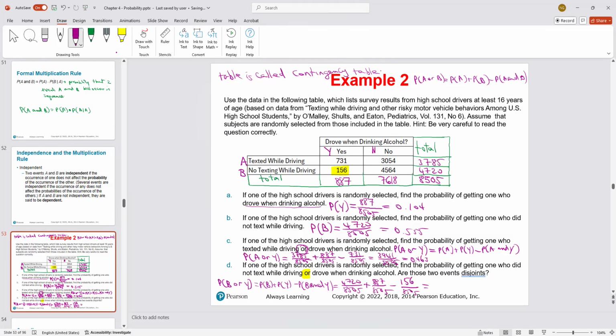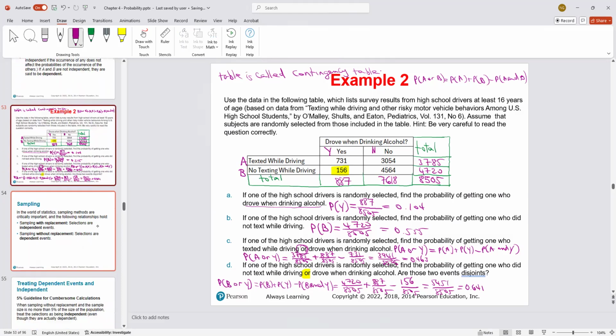When you simplify, remember, same denominator, you add and subtract the numerators, you'll find 5451 over 8505, and expressed in decimal is 0.641. Again, they are not disjoint. The reason they are not disjoint is because you have the parts of probability of A and B. That's very, very important.